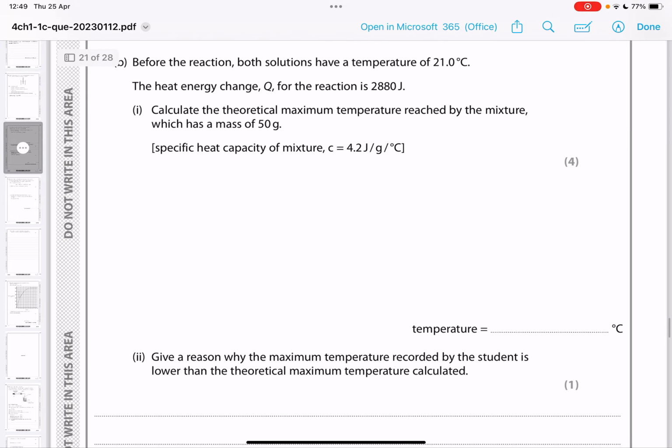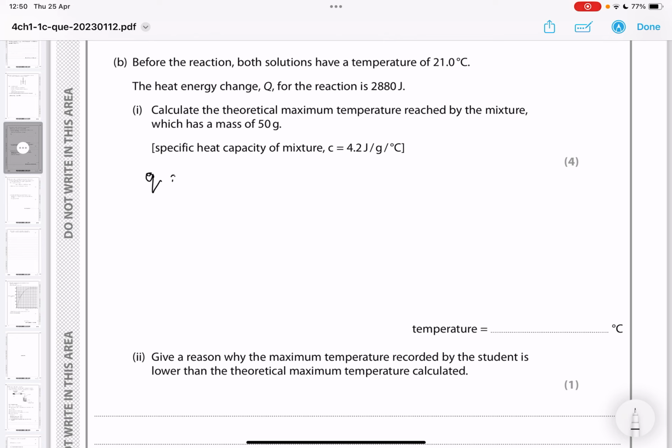Before this reaction, both solutions have a temperature of 21 degrees Celsius. The heat energy change for this reaction is 2,880 joules. Calculate the theoretical maximum temperature reached by the mixture, which has a mass of 50 grams, and they've given us the specific heat capacity. Okay, so for these enthalpy change questions, you have to remember the formula. You have to learn this formula.